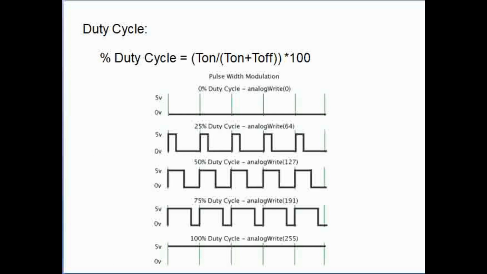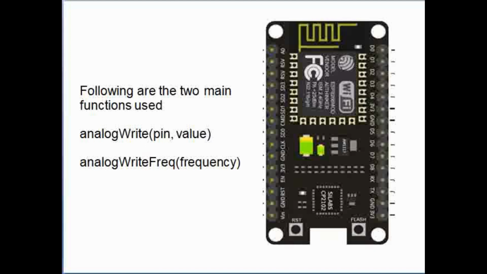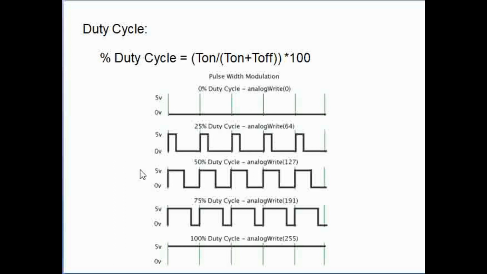To perform all these operations, there are two main functions that are available in the Arduino. One is analogWrite and the other is analogWriteFreq. As you see here in the previous slide, two main things are important. One is the frequency and the other one is the duty cycle. Frequency: T on plus T off is the time period, and F is equal to 1 by T. You calculate the frequency.